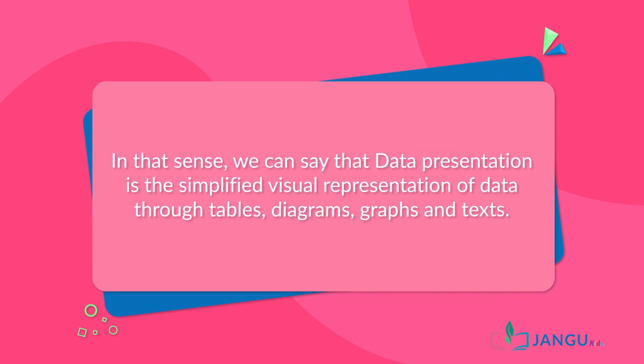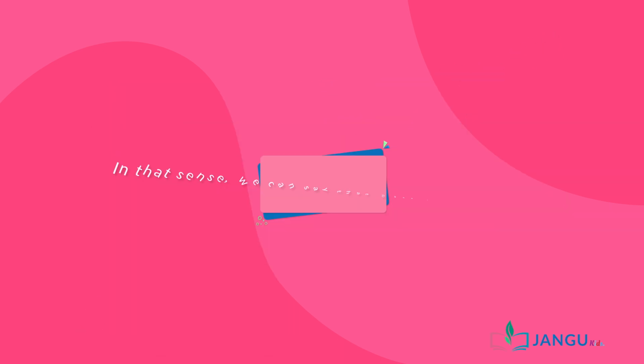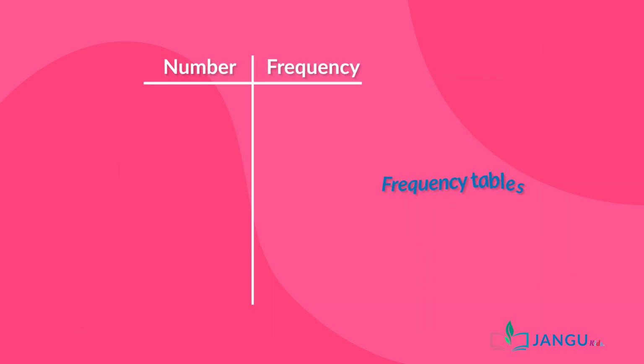In that sense, we can say that data presentation is the simplified visual representation of data through tables, diagrams, graphs, and text. One of the simplest ways of representing data is through frequency tables.